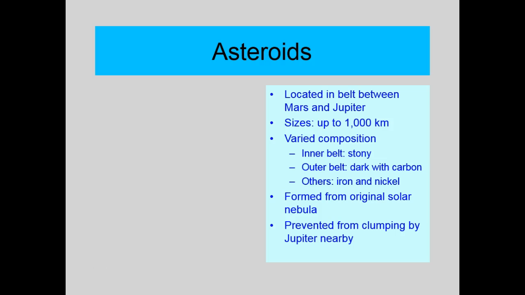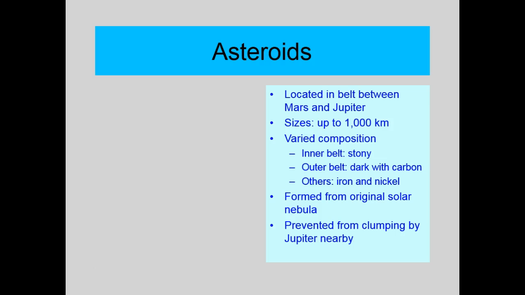And then you have the asteroid belt, and then you get close to Jupiter, which is the first and biggest of the gas giants. Okay, now these asteroids have size up to 1,000 kilometers. I think this is the diameter, which would be about 600 miles. So they're not trivial. They have definite sizes.